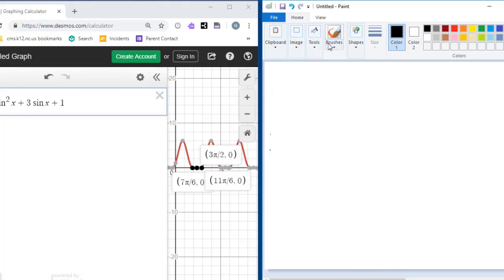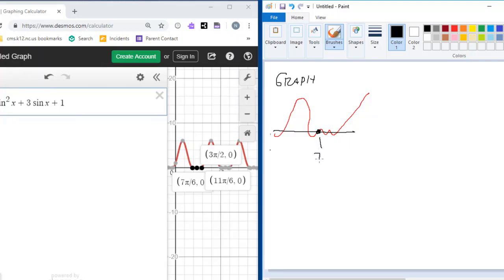We would graph the function. We would draw the x-axis, and we would have those x-intercepts when y is equal to 0.